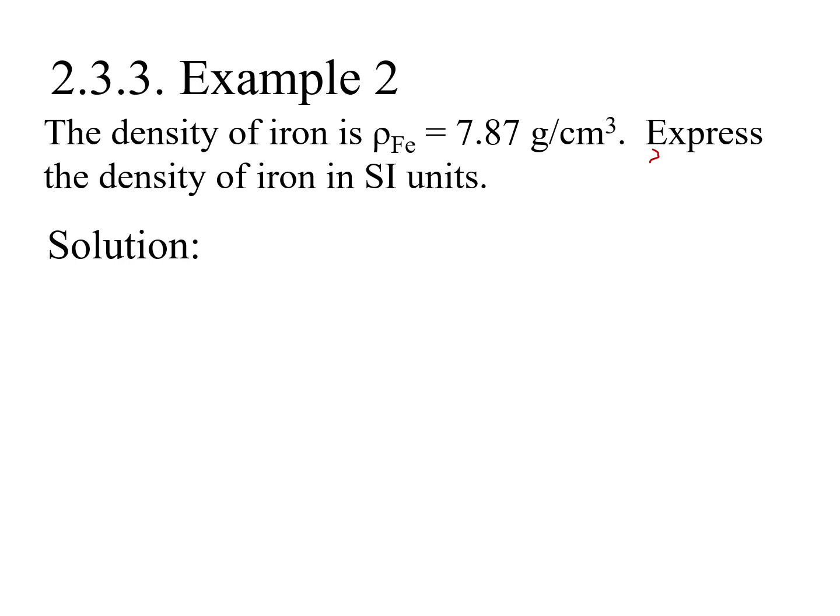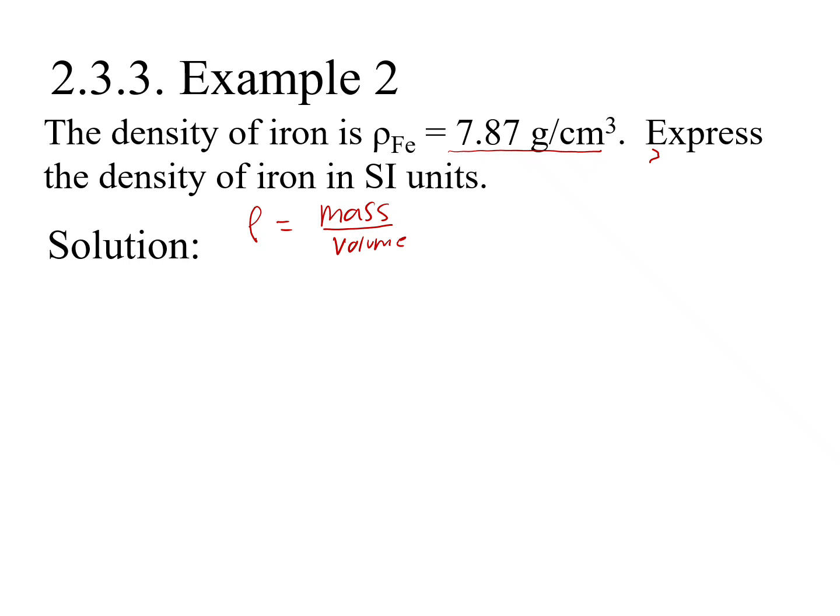In this example, the density of iron is given as 7.87 grams per cubic centimeter. Now we have to express this in SI units. So the density is equal to mass divided by the volume.